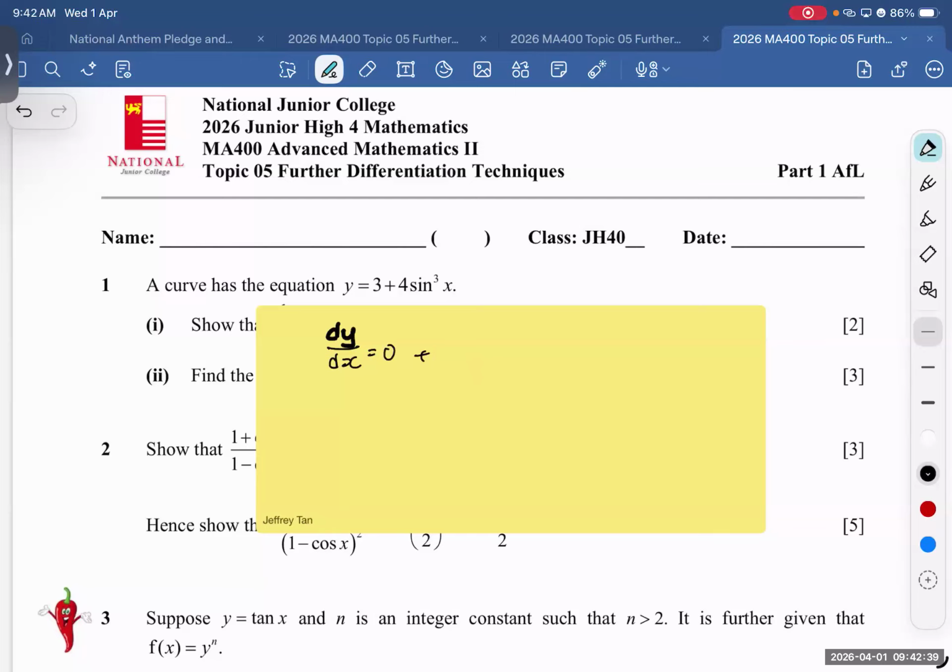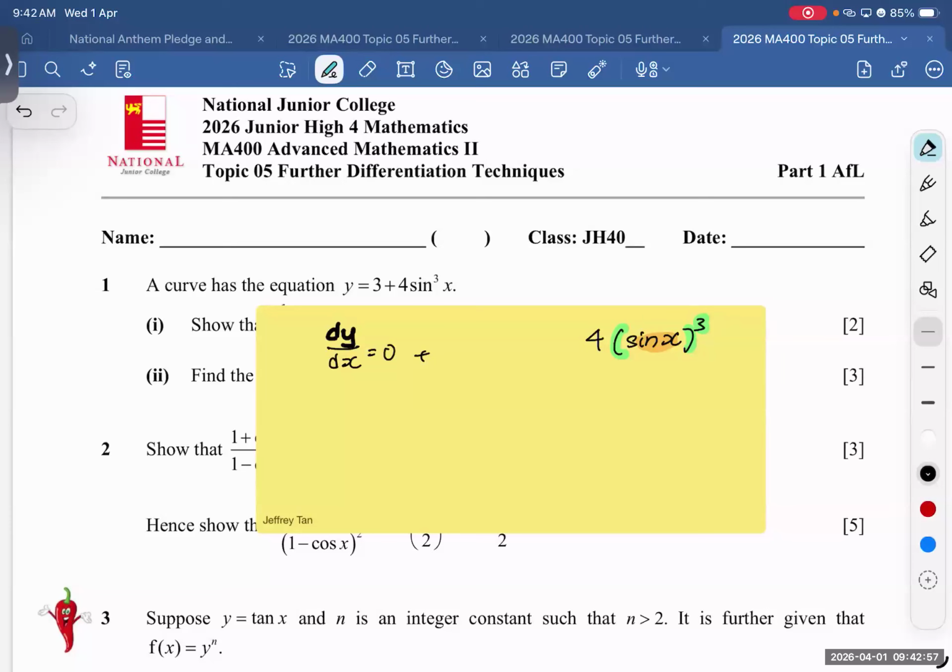4 sine cube, right? You write it as 4 sine x power 3. So you see something power 3, correct? Inside is sine x. Outer layer is what?